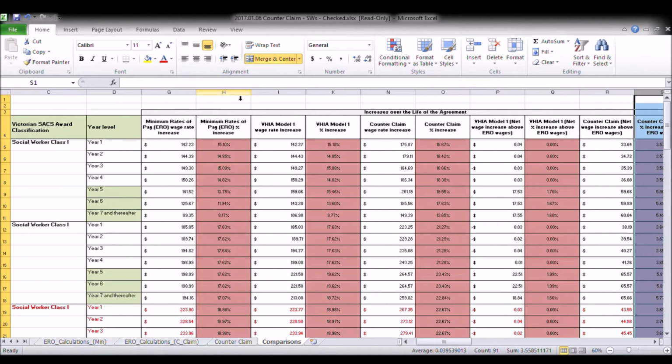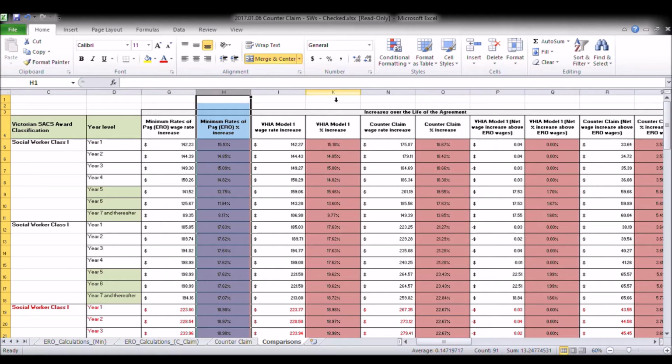Column H is describing what the minimum rates increase will be over the life of the proposed agreement, based on projecting a 2.5% increase in July 2017 and July 2018.